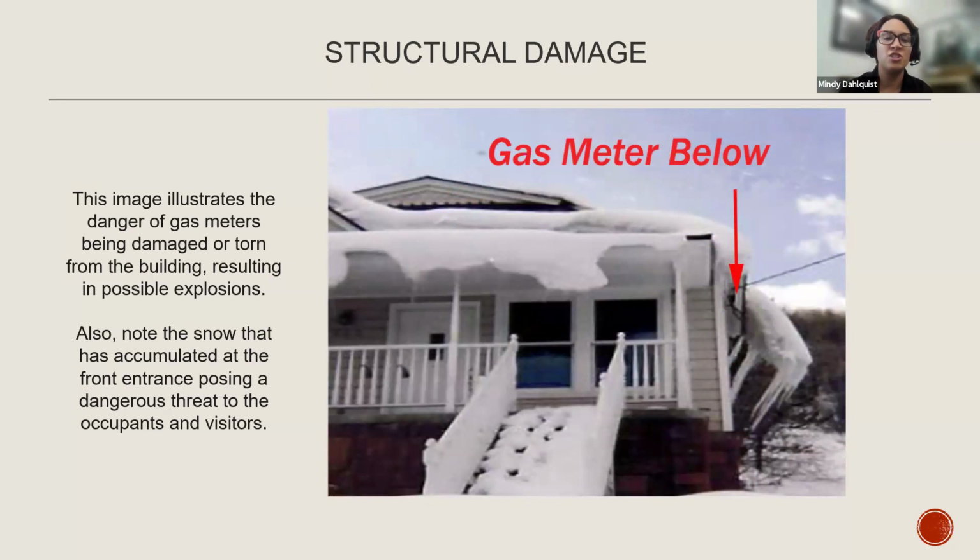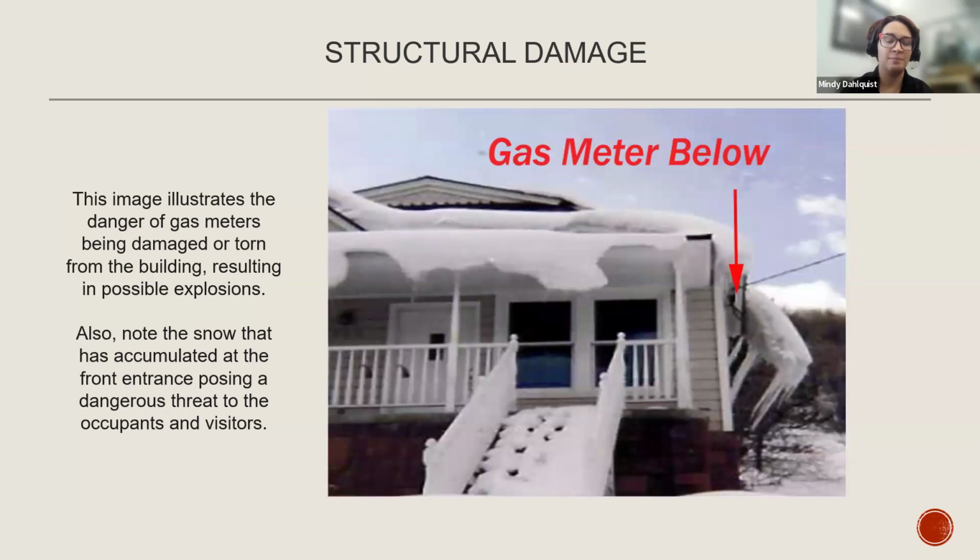So this image is just trying to show the danger of gas meters. This is something that is taken into consideration in codes and standards in most locations now. But if you're doing any kind of remodel on a building, definitely take into consideration where your gas meters are located, that they are not in a snow shed area.